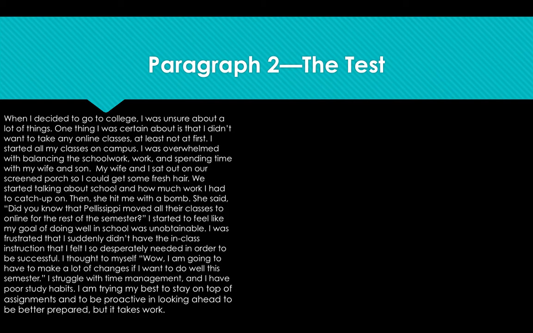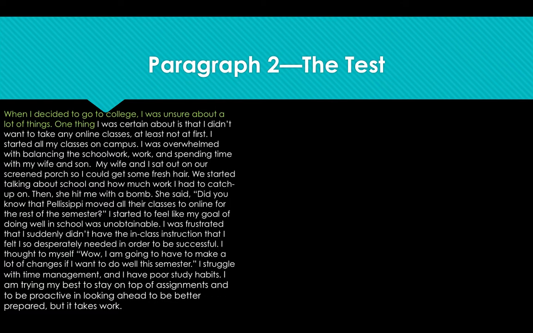So what can this writer do next? On the left, you see the shortened version of the paragraph, and I just want to point out some different adjustments that could be made. So that very first sentence: when I decided to go to college, I was unsure about a lot of things. And then I'll keep reading. One thing I was certain about is that I didn't want to take any online classes, at least not at first.